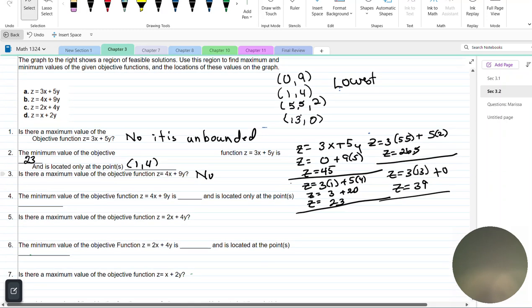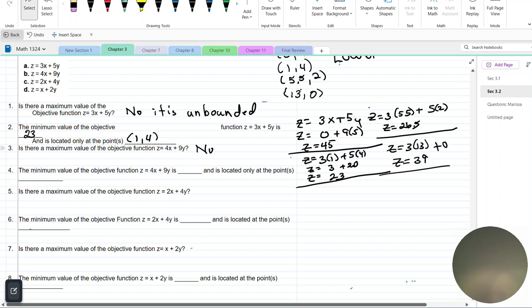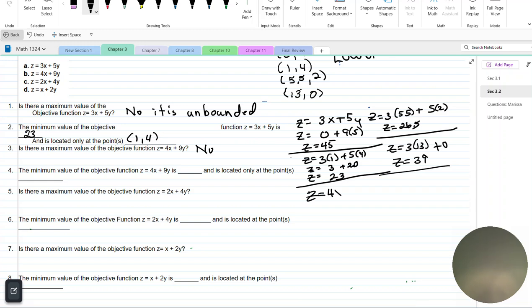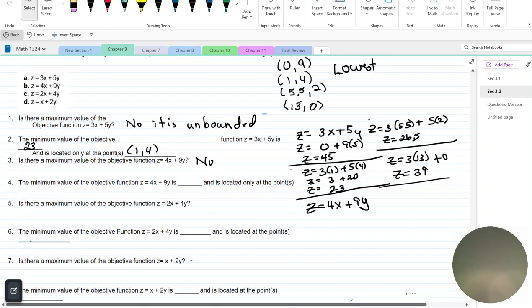And now we're using z equals 4x plus 9y. All right. And we will be using our first point, which was (0, 9).